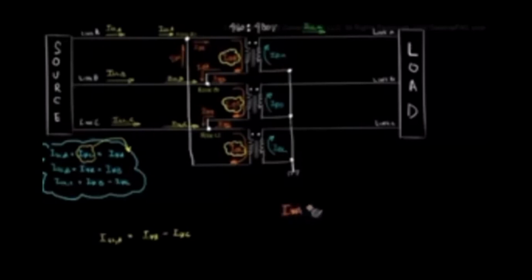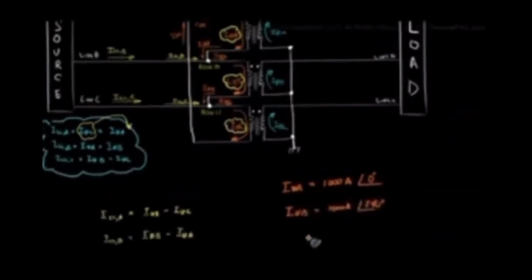So let's say that phase current A on the primary side equals 1000 amps at 0 degrees, phase current B equals 1000 amps at 240 degrees, and lastly phase current C equals 1000 amps at 120 degrees.